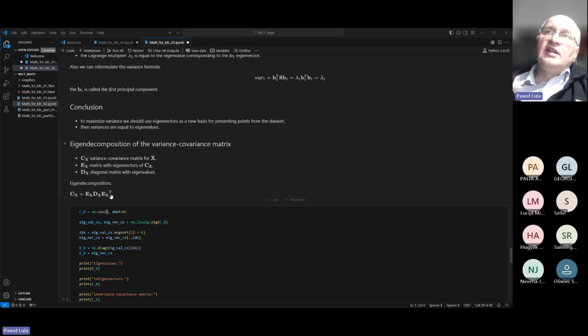And here E transposed is the eigenvector matrix, a matrix with eigenvectors. So it is possible to present this variance-covariance matrix for the original data in this way.